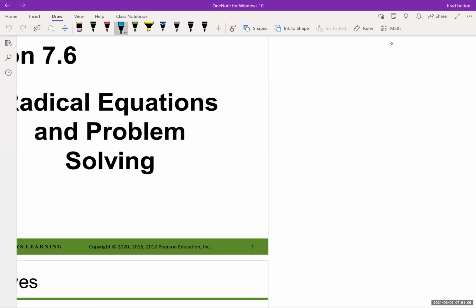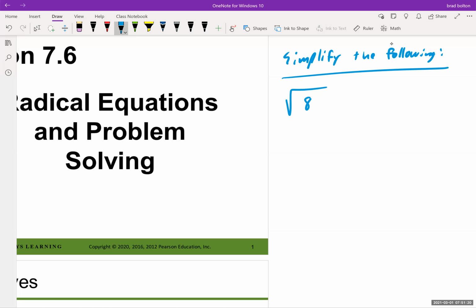So if you were asked to simplify the following, and I gave you the square root of 8. Now, you know that the square root of 8 is actually an irrational number. But in order to simplify it, you have to find out how many square roots are in there.